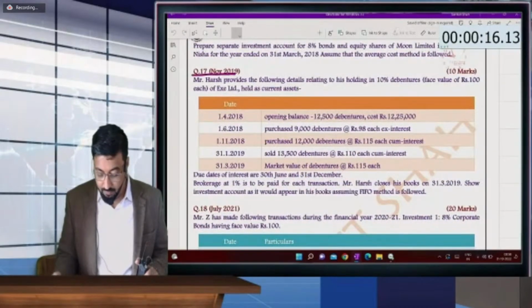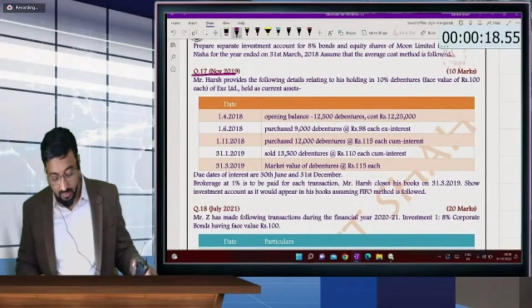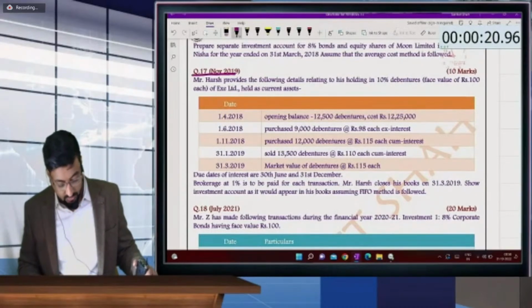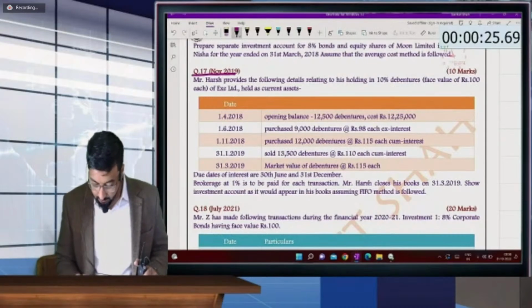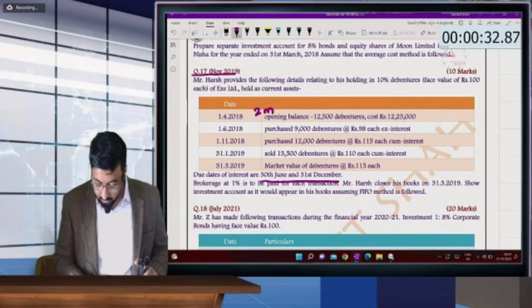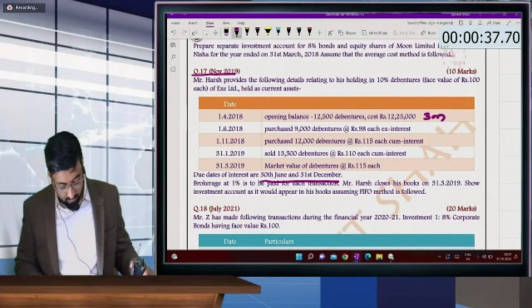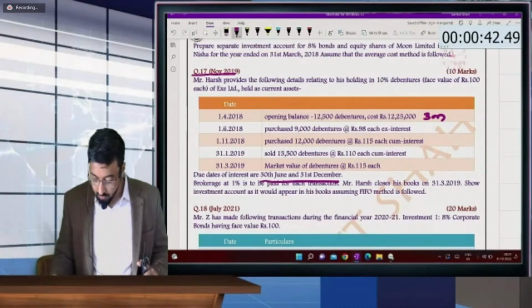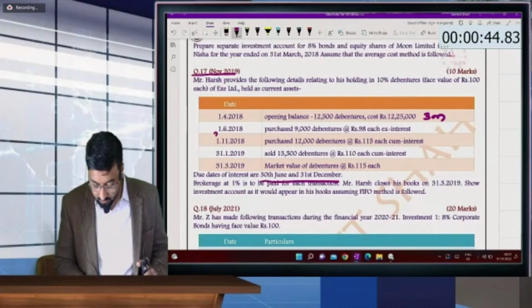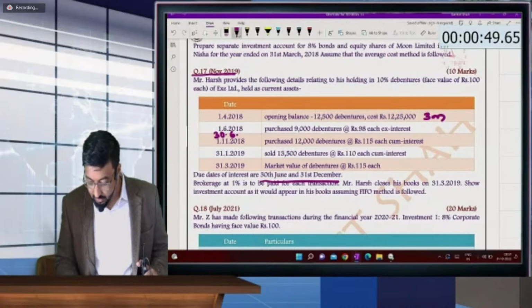Time start ho chuka hai. Question number 17. Mr. Harsh provides you the following details relating to holding 10% debentures. 10%. 1/4/2018 opening balance. 30th June, 31st December. So 3 months. Then 1st June, purchase 9,000. 30th June, 12,500 plus 9,000.